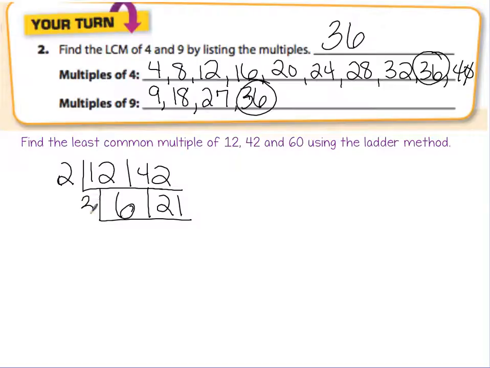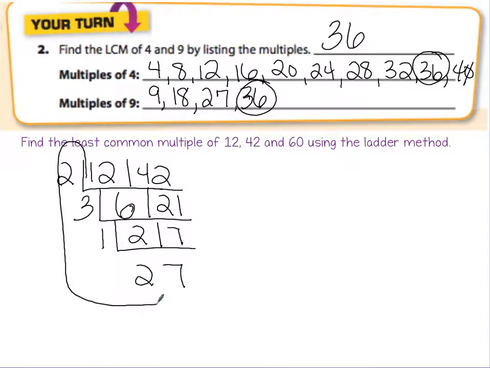They both can be divided by 3. I get 2 and 7. Both of these only have 1 as a common factor. Now the difference here is I have to pull the last 2 out, and then I'm going to multiply all the numbers on the outside.